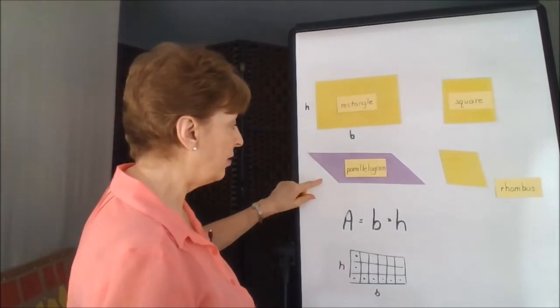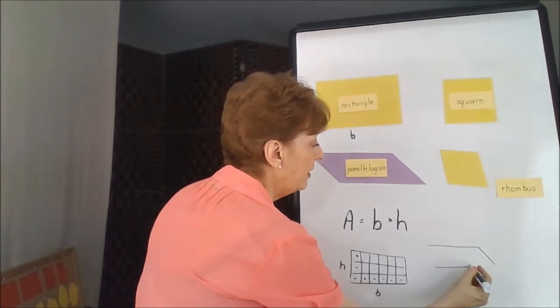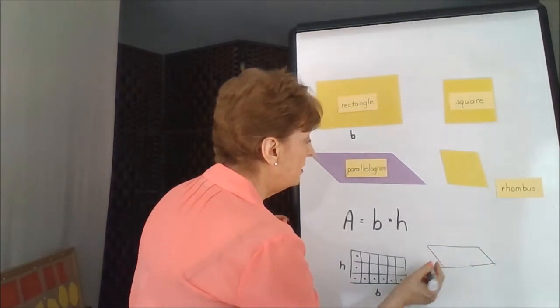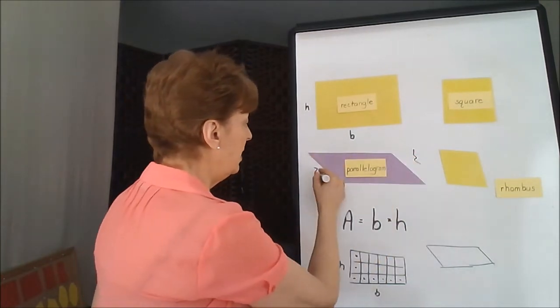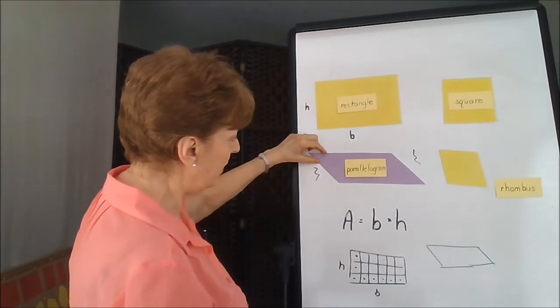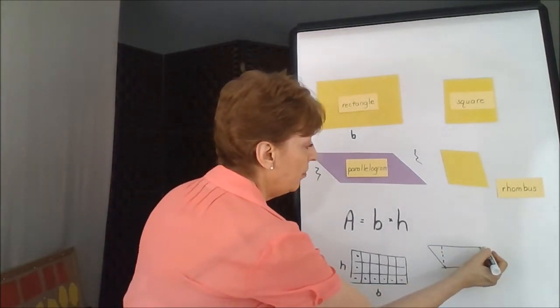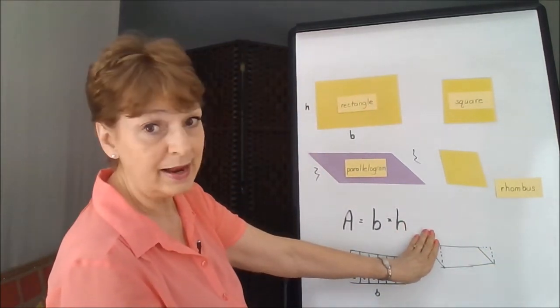In a parallelogram, even though the shape has some irregularities, here's some wasted space and here's some wasted space, but if we cut this off right here, we could take this part and attach it over here, and it would become a rectangle.